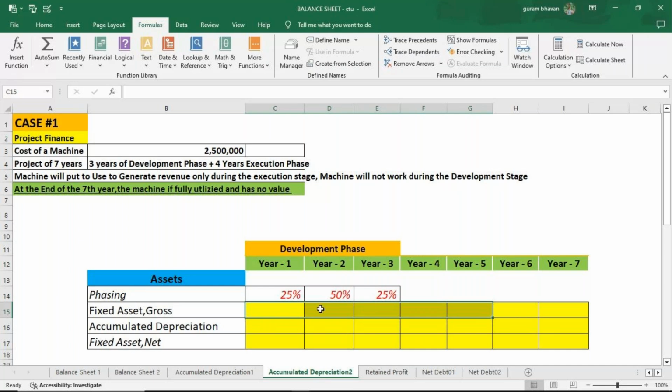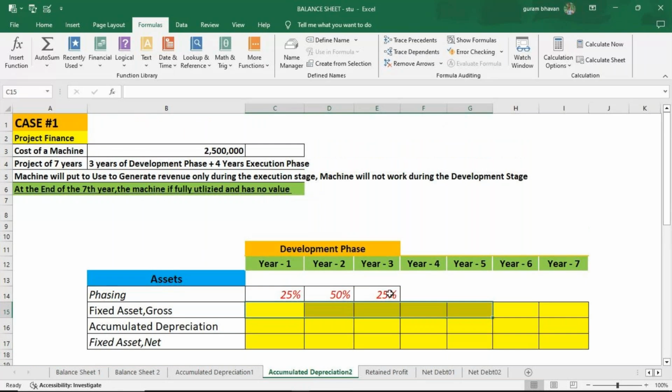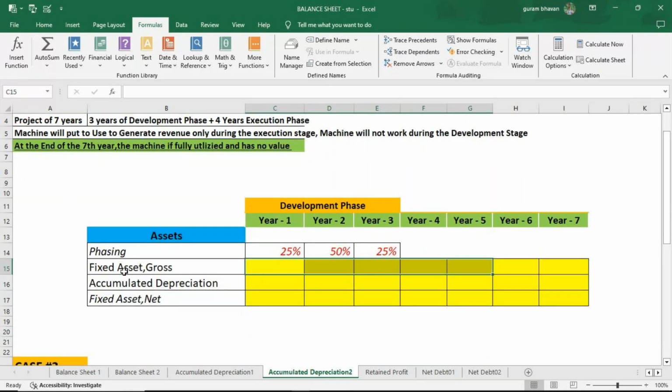At the end of the 7th year the machine will be fully utilized and has no value, so the lifetime of this machinery will have ended. For the development phase, the phasing is given as 25%, 50%, 25%. Now I need to apply the calculation.